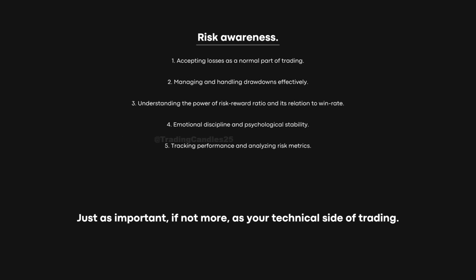Can you stay disciplined when your confidence is low? Right? You need to ask that. And risk awareness means having the plan, the mindset, and the coping mechanism to endure those phases without being emotionally broken or without letting emotions get the best of you. That's the importance of risk awareness.